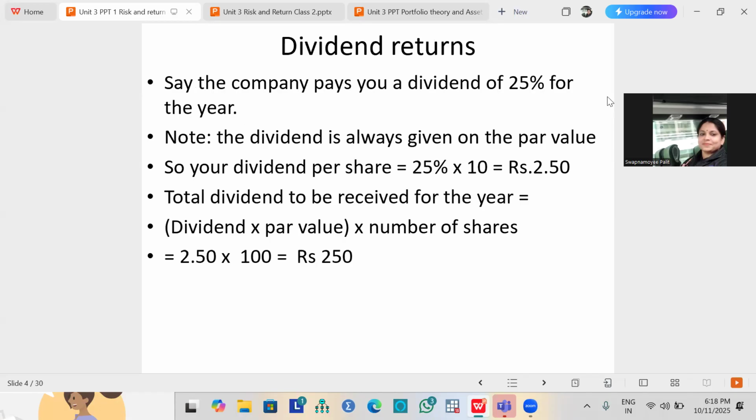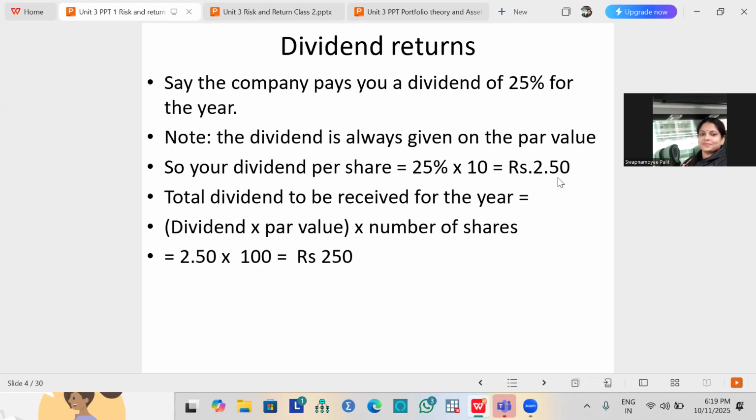Say the company pays you a dividend of 25% for the year. Note that dividend is always on the par value. This calculation you have done already. If your dividend is 25% and face value is 10, that means per share the company is going to give you 2.5 as the dividend.